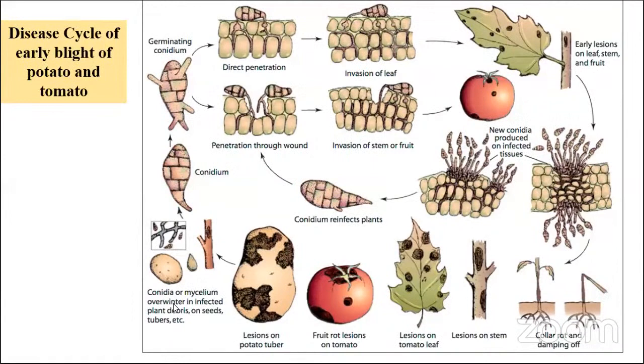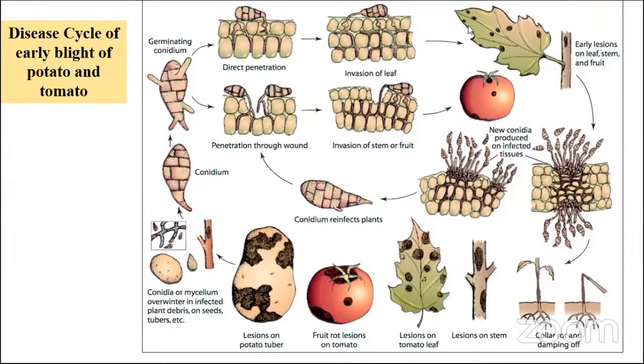The conidia or mycelium overwinter in the infected plant debris, on the tubers or on the fruits. When there is a favorable condition, these overwintering conidia directly germinate and form the germ tube, and they penetrate. This is called direct penetration, and they invade the host tissues.